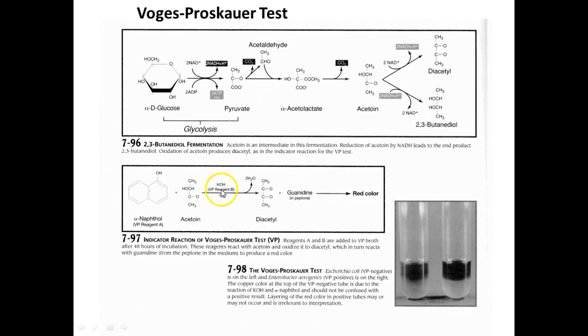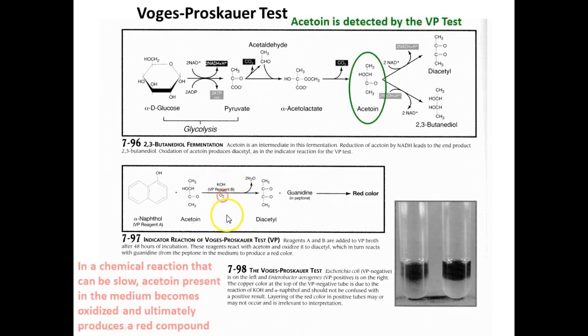Then when we add the second reagent, and this is why I told you guys to flick it a lot, we need to add oxygen for this reaction to go forward. So by flicking it, we're adding oxygen from the environment into the tube. Diacetyl forms, and then guanidine, which is a peptone already found in the media, produces the red color that we saw.